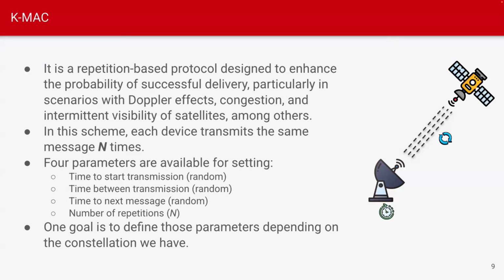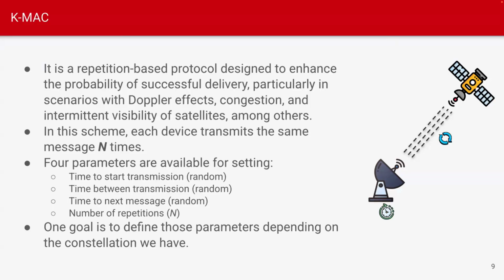Then we have the time between transmissions. I didn't say it, but each packet will be retransmitted n times. So if I want to transmit, I say, okay, I will do it 5 times. The first parameter is that I will wait some time before transmitting the first one.